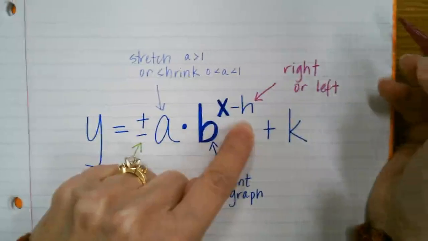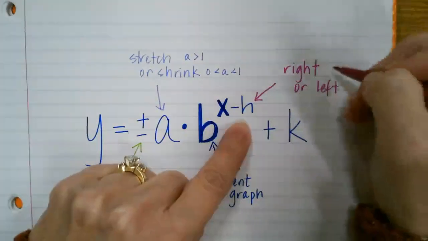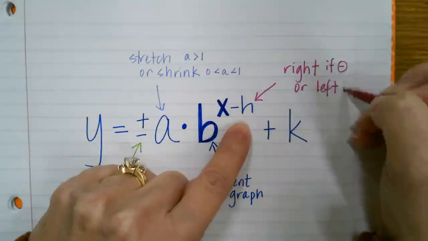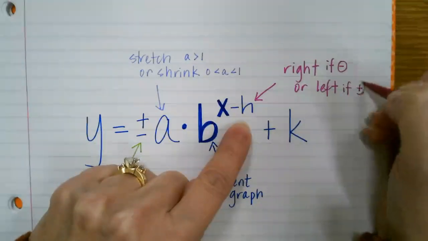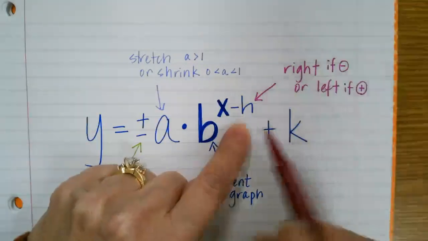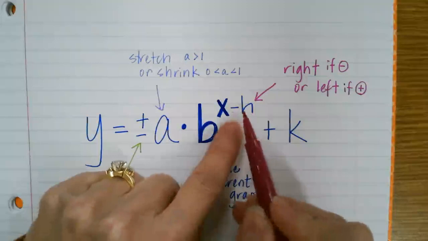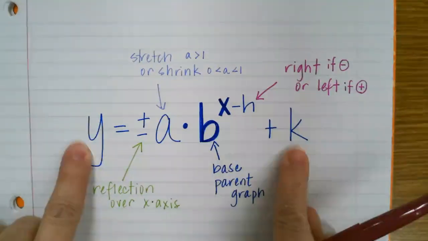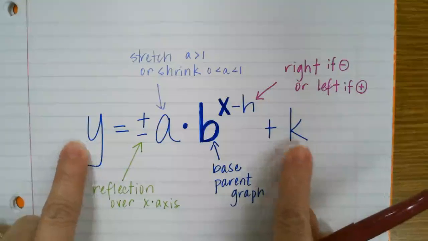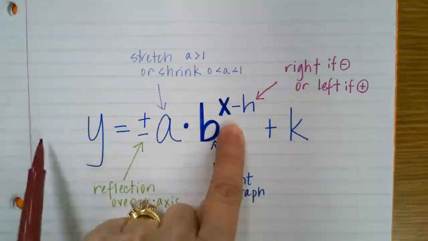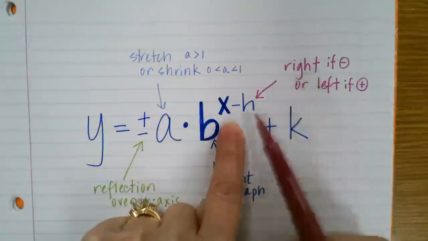But if you remember, it's going to go right if it's a minus, and it's going to go left if it is a plus. Okay, and again, remember that we're having to solve this one because these two are on the same side of the equal sign. These two are on opposite sides of the equal sign, so we don't have to worry about this. But this, we have to move this h over to the other side of the equal sign, which is why it's the opposite.